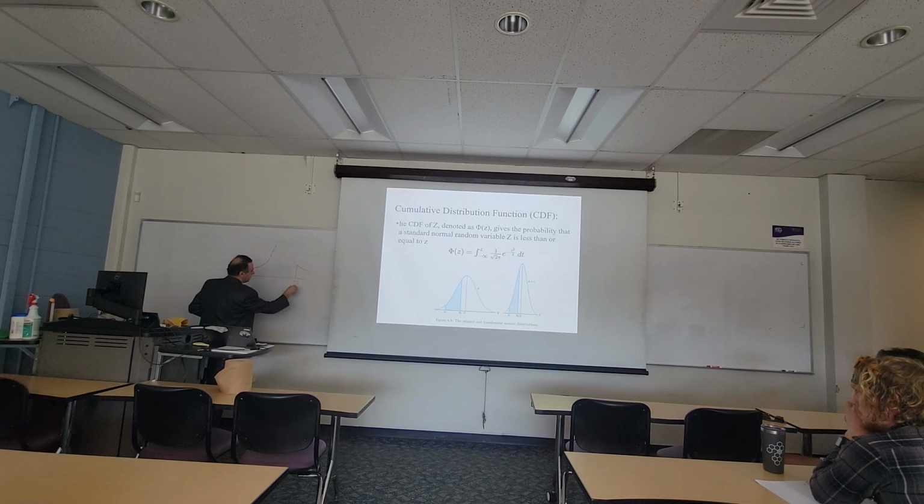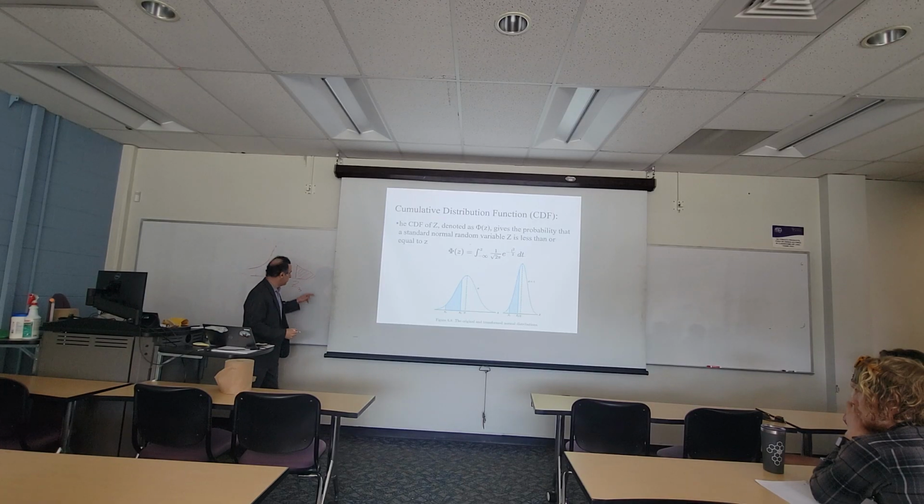I have a Z3, and I am interested only in this portion. How can I calculate this area, the probability for this area?